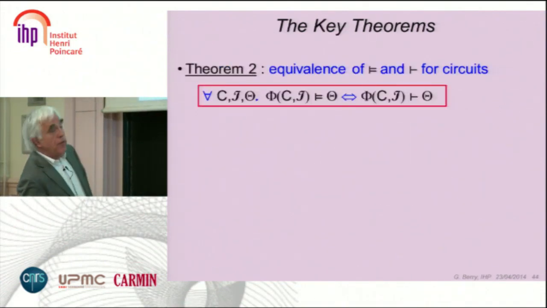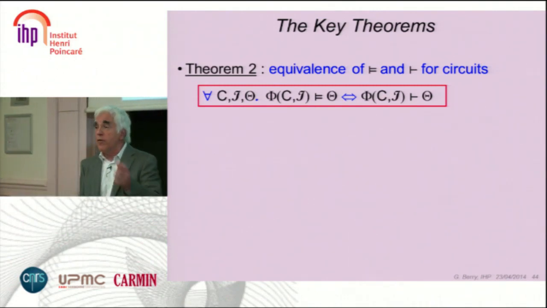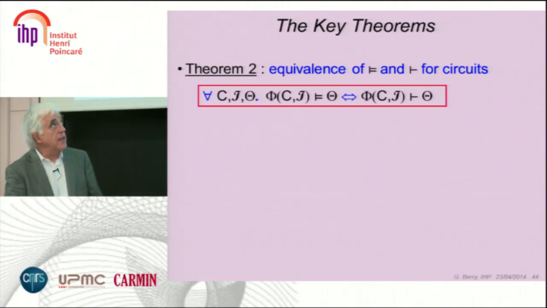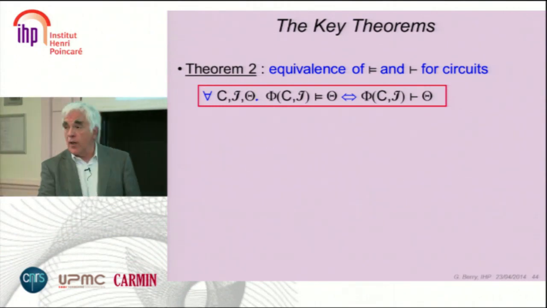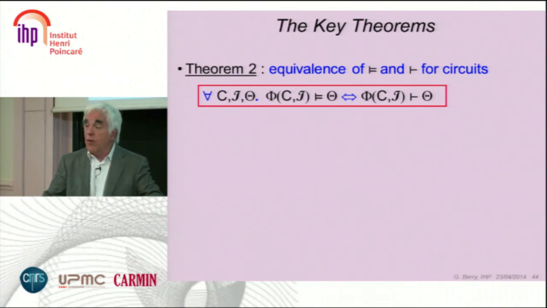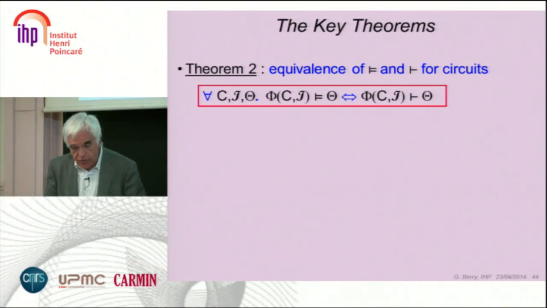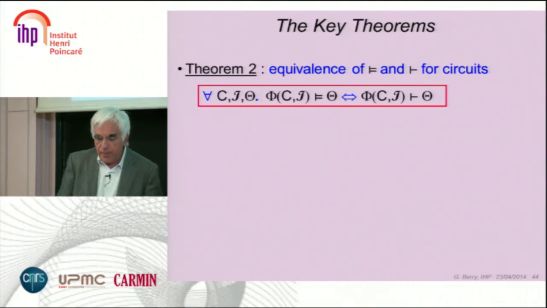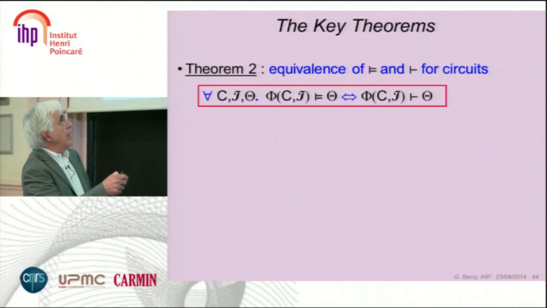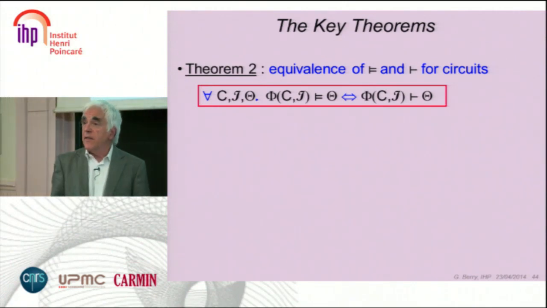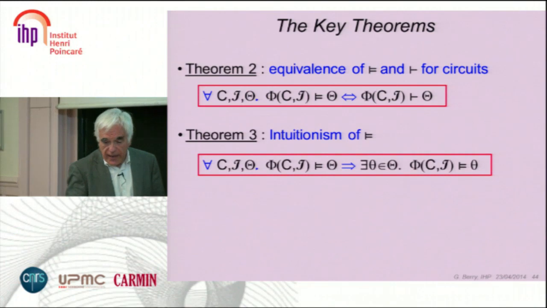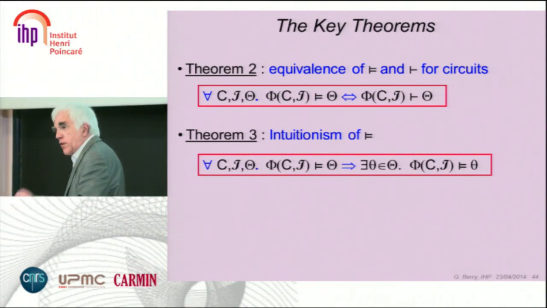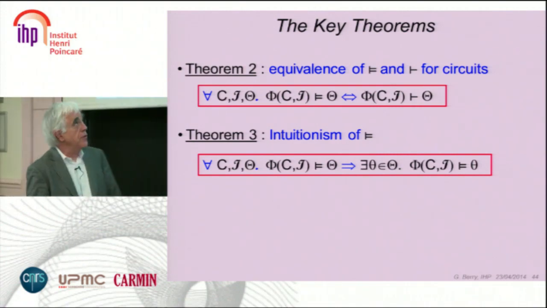Then the main theorems were that for the formulae that we consider, which are stabilization formulae, given the circuit, we want a stabilization formula, which is simply an infinite or finite disjunction of temporal regions, that is, of predicates being true after a time. Then the model and the deductive logic coincide. And that's not a trivial result. And the other result is that it makes the model intuitionistic over infinite terms.